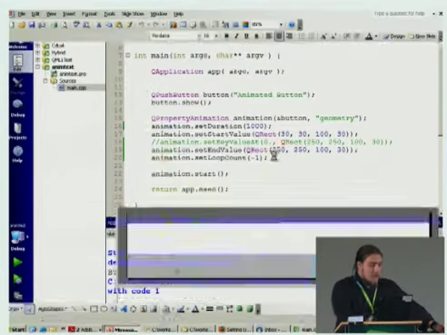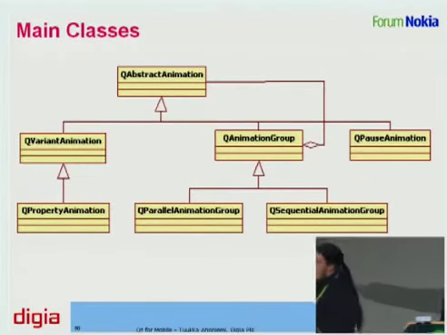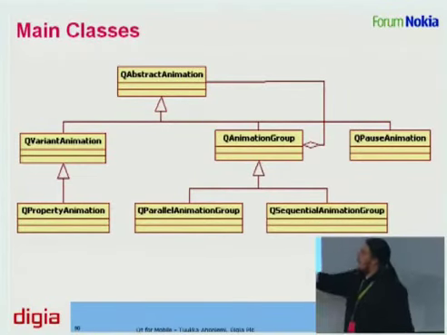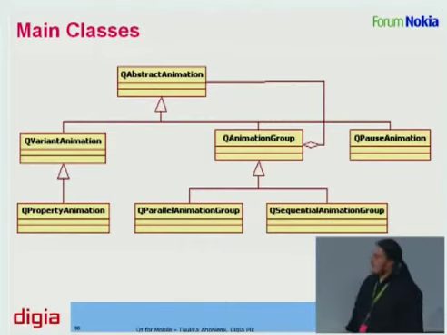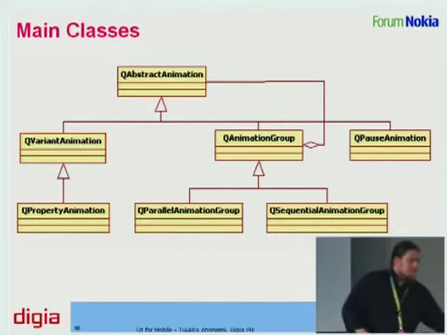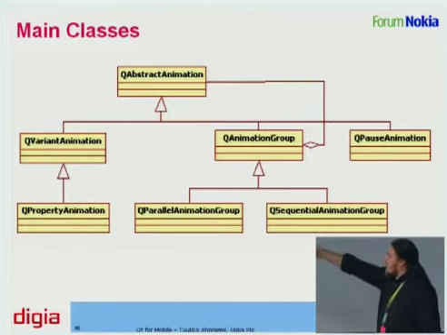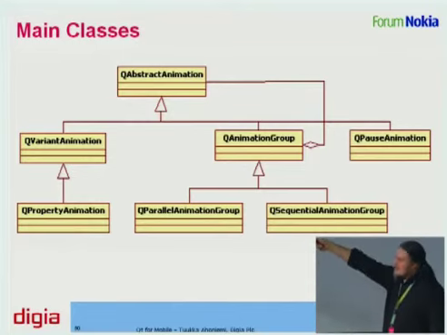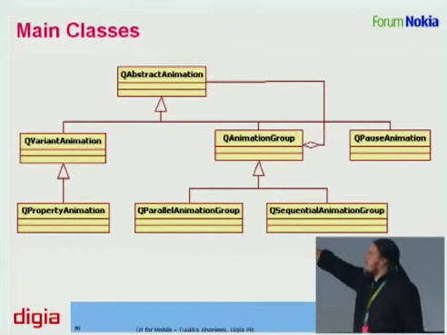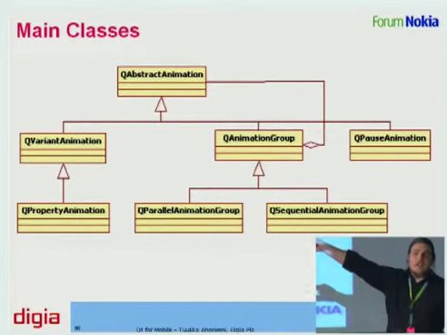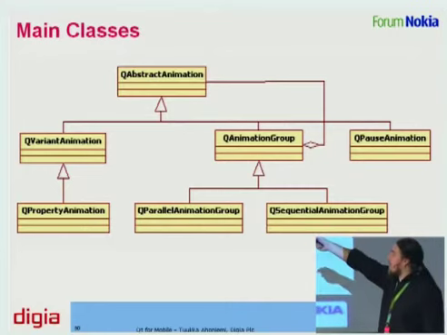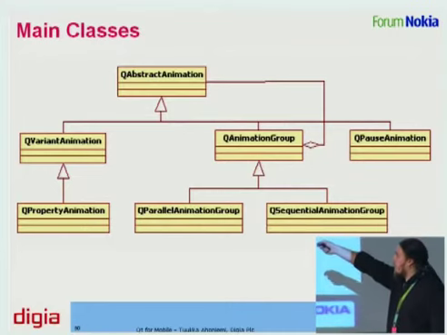Not a problem, because we do have other classes, and this one over here is also an animation. So actually, all of these are animations. This base class has functions like start and stop. And this one is an animation group.